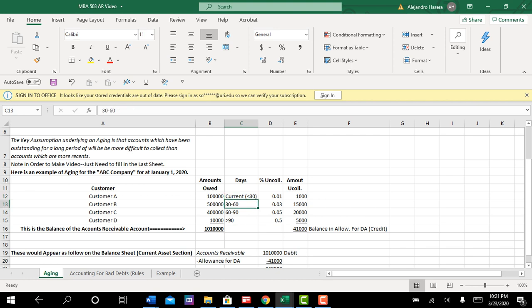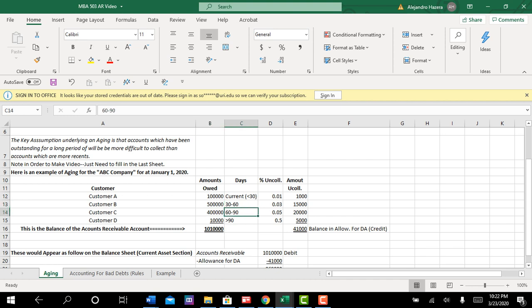Customer B, they put off their payment a little bit, but they owe $500,000. So they're probably a valued customer. And they pay between 30 and 60 days. Okay, so that's not too bad. It's overdue, but it's not enough to lose them as a customer. Now, here's what I would worry about in terms of credit quality if I were a company.